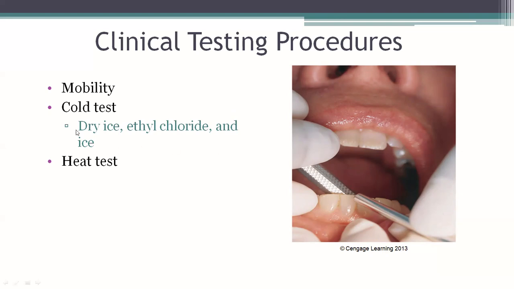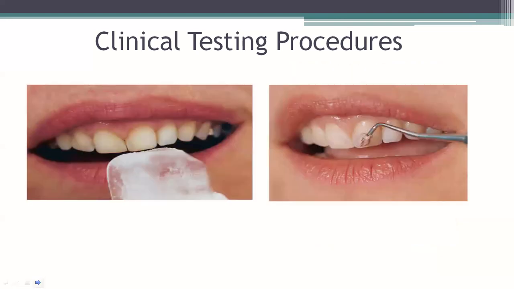It can be performed with dry ice, ethyl chloride, and just ice. And the heat test also can be performed to get us to the proper diagnosis. As you can see in these pictures, we have a cold test with ice and a heat test with a heat gauge. We have to be careful in this case that we don't burn the patient with the heat.